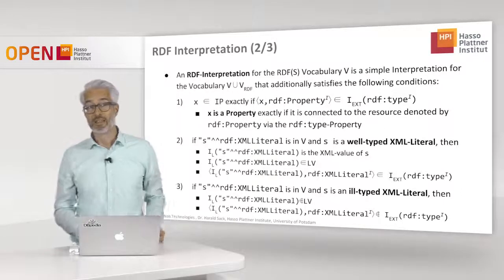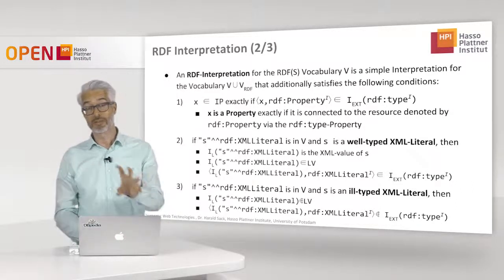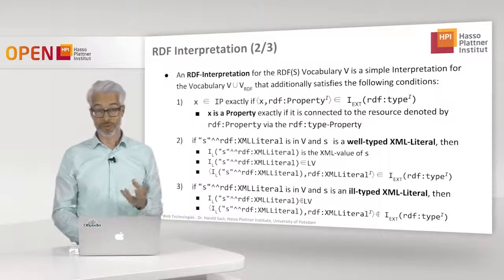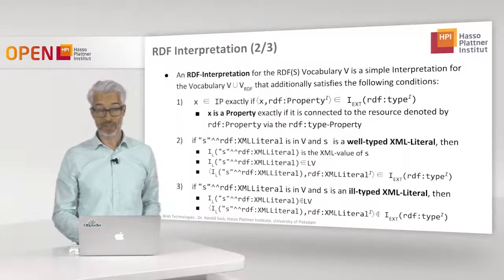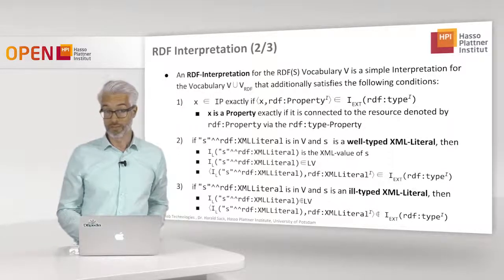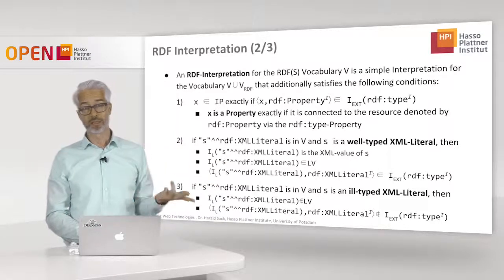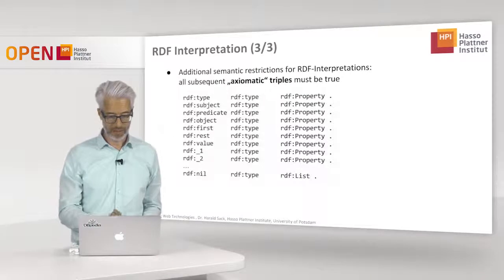So it's not an XML literal because it's ill-typed. This means we have wrongly typed literals, or some XML clashes in our RDF, and then exactly this will hold. So we talk about properties, well-typed XML literals, and ill-typed XML literals.